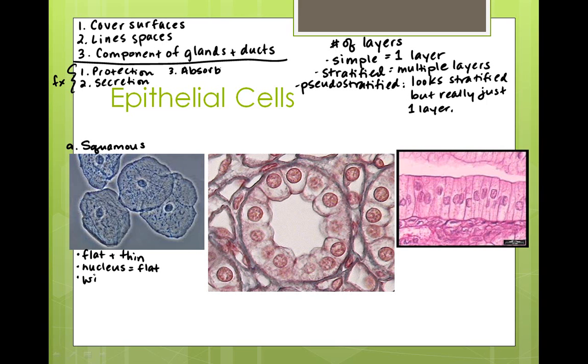And their width is greater than their height. Because they're so thin, they're going to allow ions and small molecules to pass through them. So they're going to allow the passage, or the transport, of ions and molecules through the tissue.